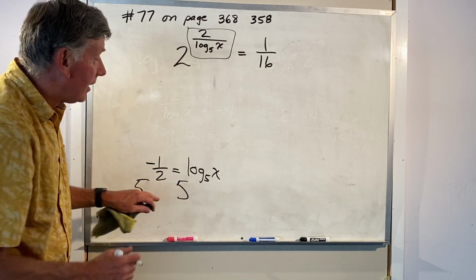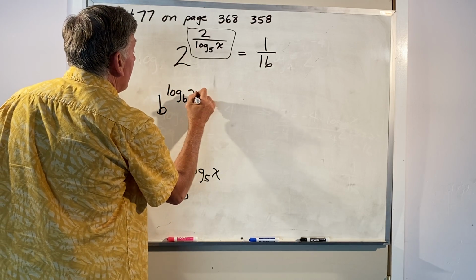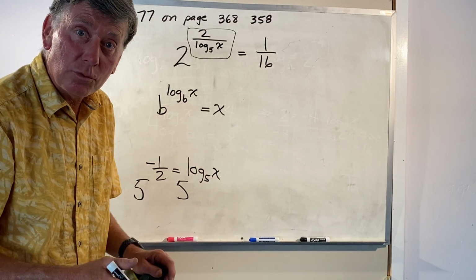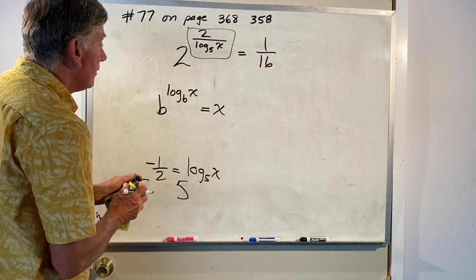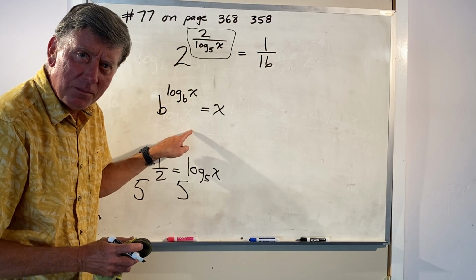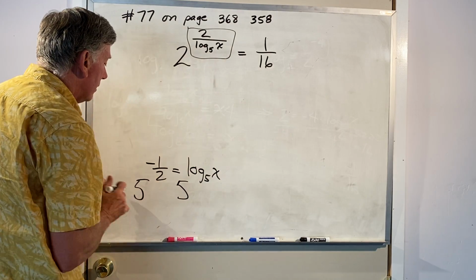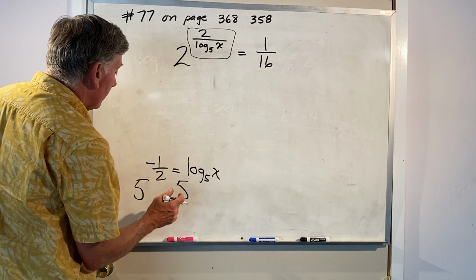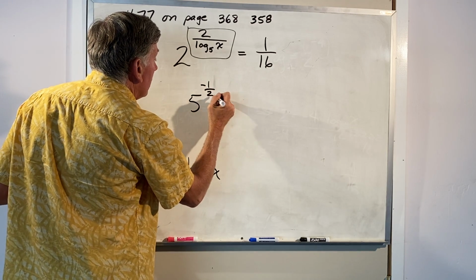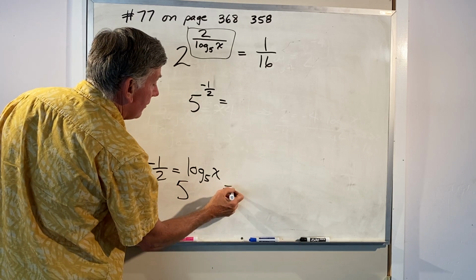And because of the rule that b to the log base b of x is equal to x, again, it's my inverse function rule, I'm going to end up with that. Toolbox. Write this down. Put this in your toolbox. Memorize it. This is good stuff. Then I get 5 to the minus 1/2 power is equal to 5 to the log base 5 of x, which is equal to x.